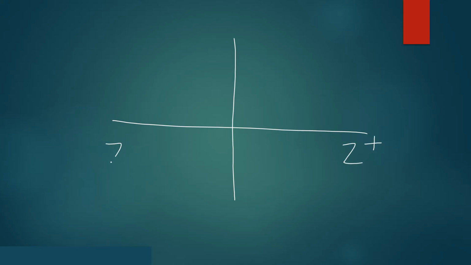Before we do the CNC programming, we have to understand the X-axis and Z-axis concept. If we take one horizontal line and one vertical line, the horizontal line indicates Z plus and Z minus, and the vertical line indicates X plus and X minus.